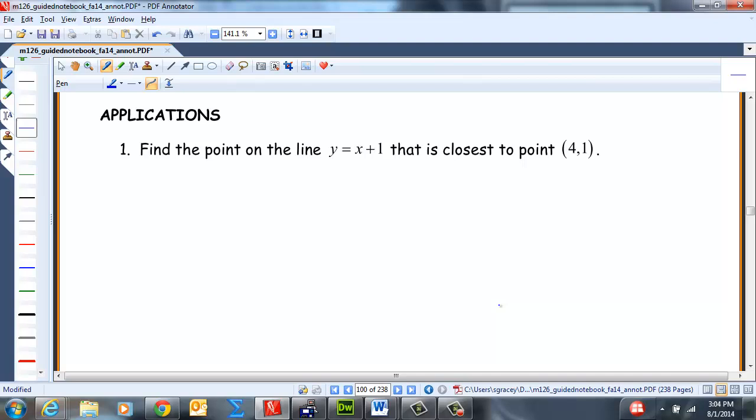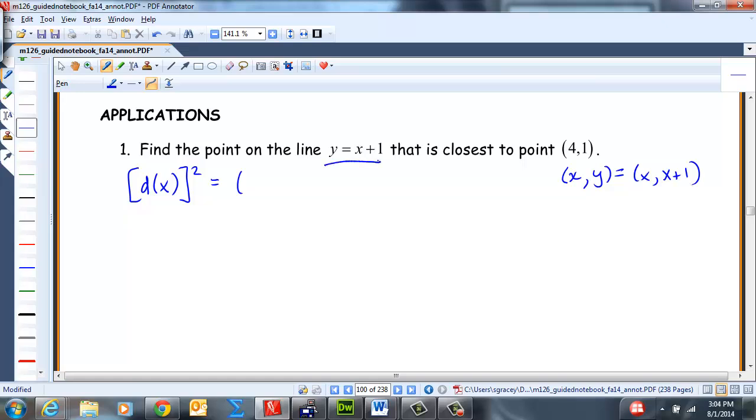So remember the trick here, if you use the distance squared, we have the ordered pair (4, 1), and we have the ordered pair (x, y), which is (x, x plus 1). Okay, so far?